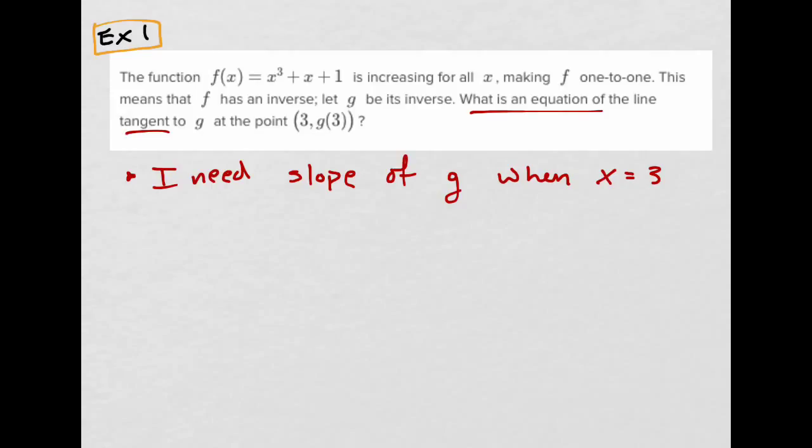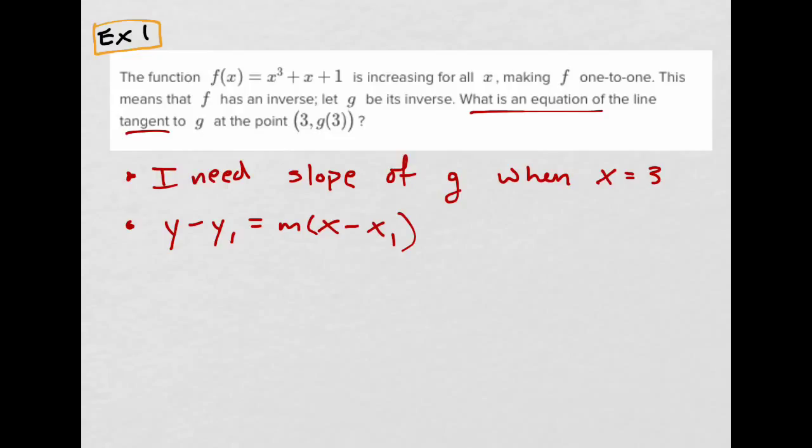And I also need an equation: y minus y1 equals m times x minus x1. I don't expect you to have remembered that, but now I'm going to expect you to remember it. This is called point-slope form for a line, and we're going to use this.